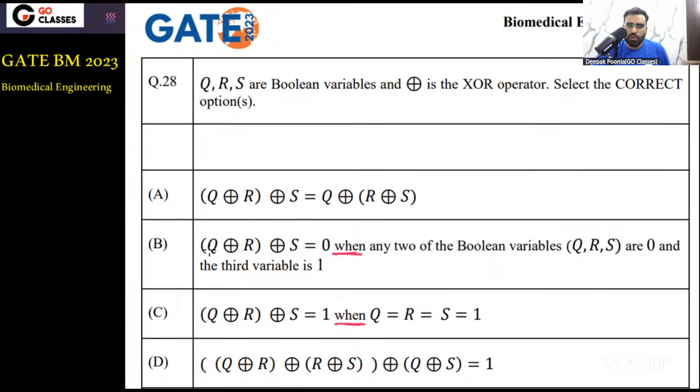Because we already know that XOR is 1. Sorry, this statement is actually false. This statement is false because XOR is 1 if and only if an odd number of input variables are 1. Here you can see an odd number of inputs are 1, so XOR will be 1. XOR will not be 0. So option B is actually false.